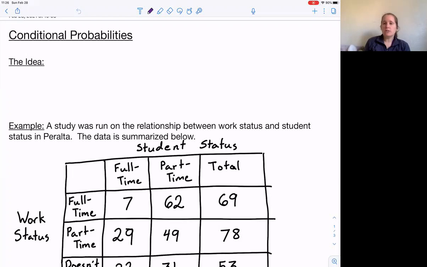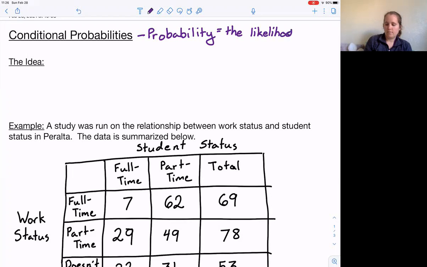Welcome to conditional probabilities. So we have a couple new words here. Probability, we are referring to the likelihood or chance of something happening.